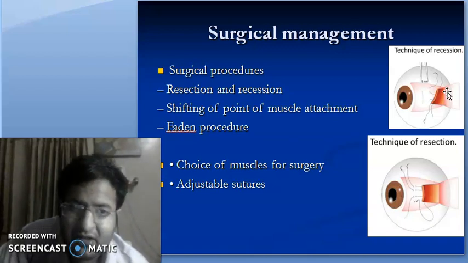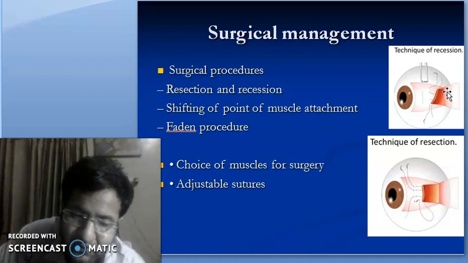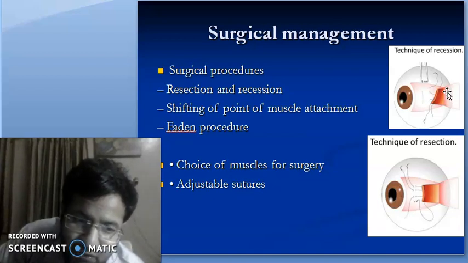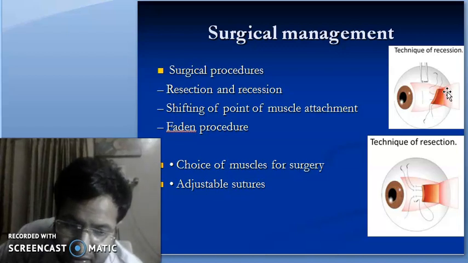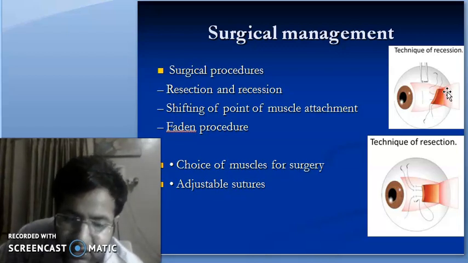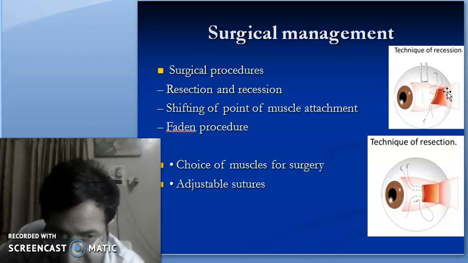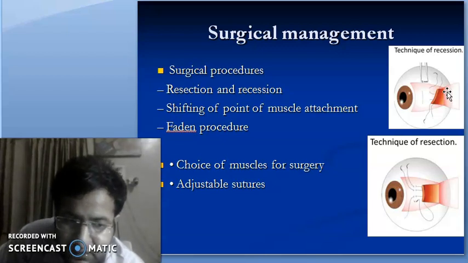The basic will remain resection or recession. Whenever there is hypertropia, we have to recess the muscles which pull the eye upward and resect the muscles which pull the eye downward.